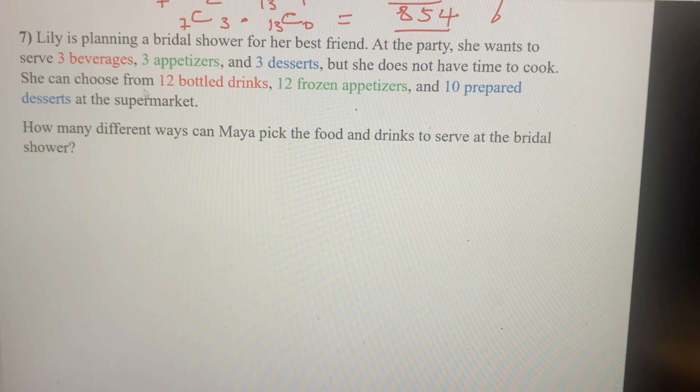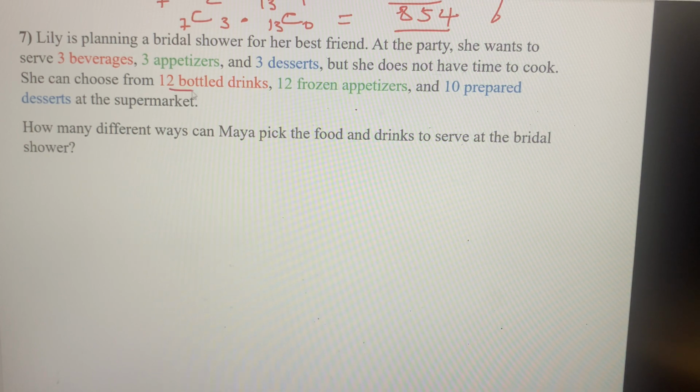Remember, what she needs is 3 beverages, 3 appetizers, and 3 desserts. Since she doesn't have time to cook, she's going to choose 3 beverages out of the 12 bottles, then 3 appetizers out of the frozen appetizers, and another 3 desserts from the 10 prepared desserts at the supermarket.